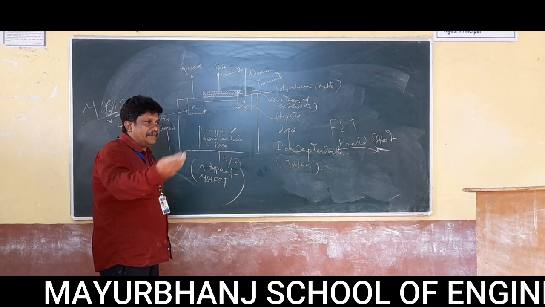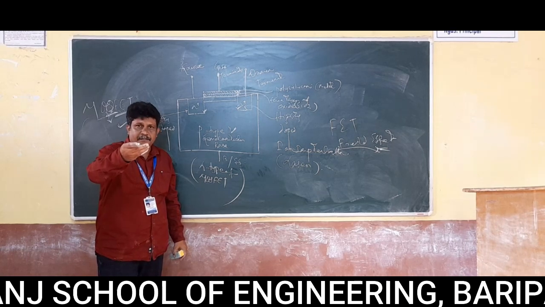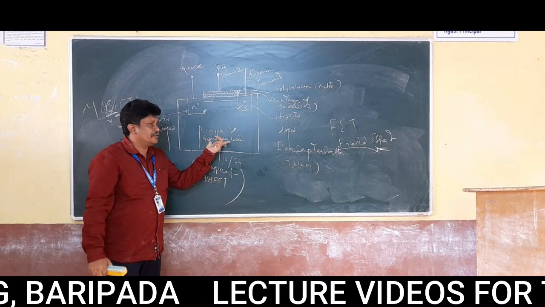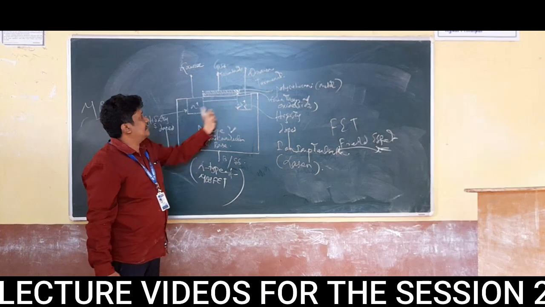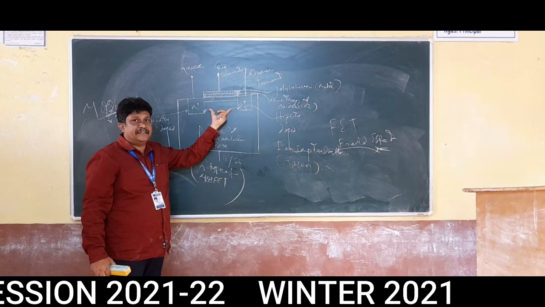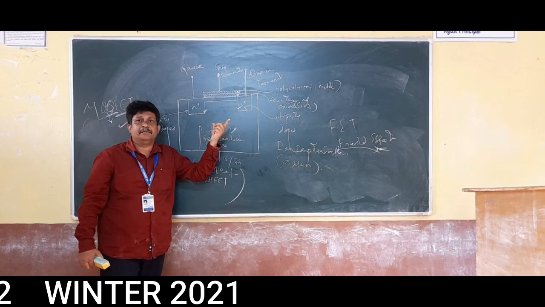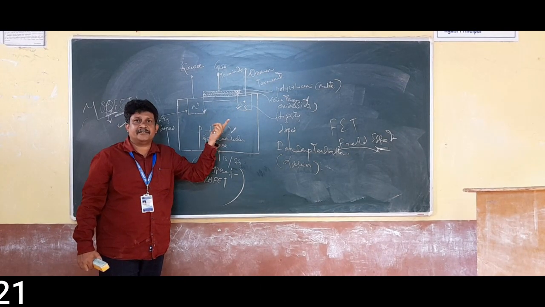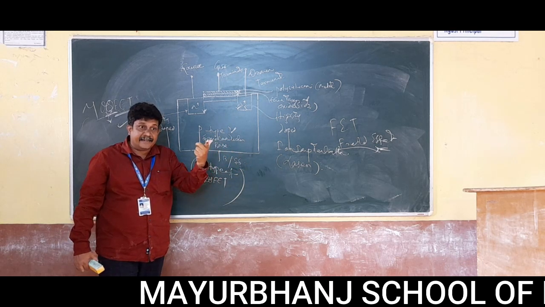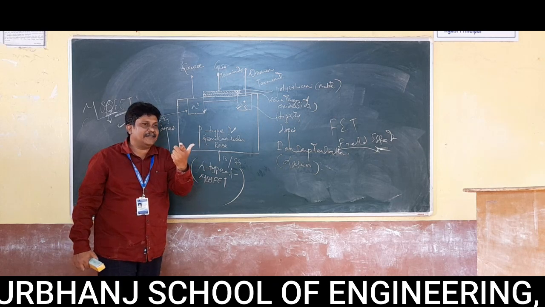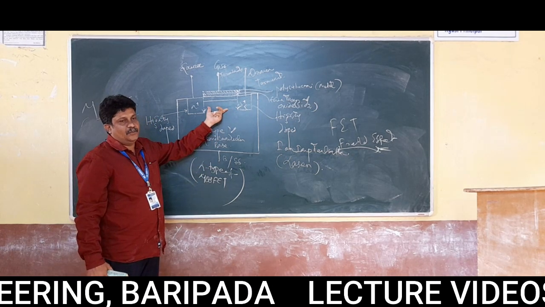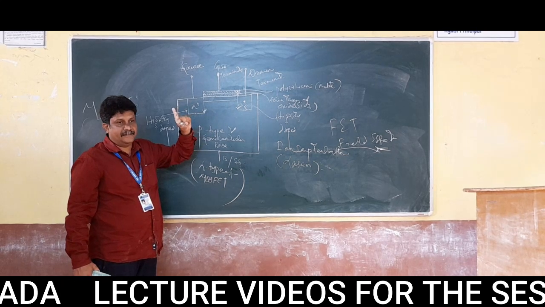This same case will be reversed in the case of P channel MOSFET. P channel means the base will be N type and the source and drain will be P type, and the channel formed between them will be known as P channel MOSFET. Yes or no? Understand? And the last thing I want to tell you is that the channel will be formed with the help of a field.